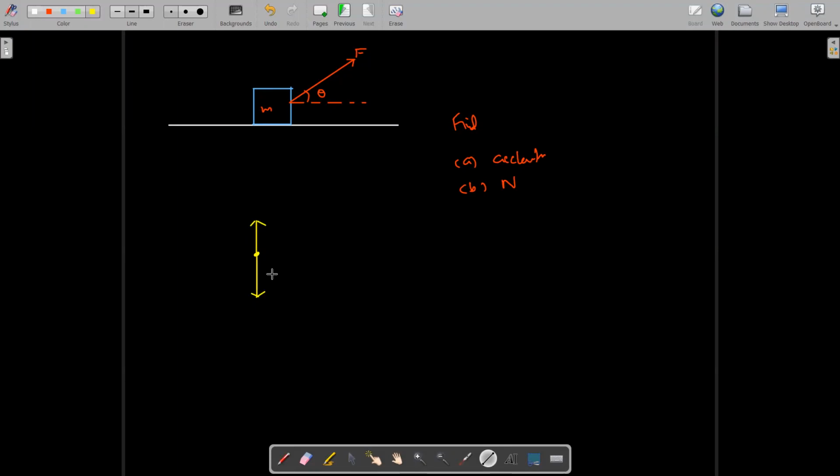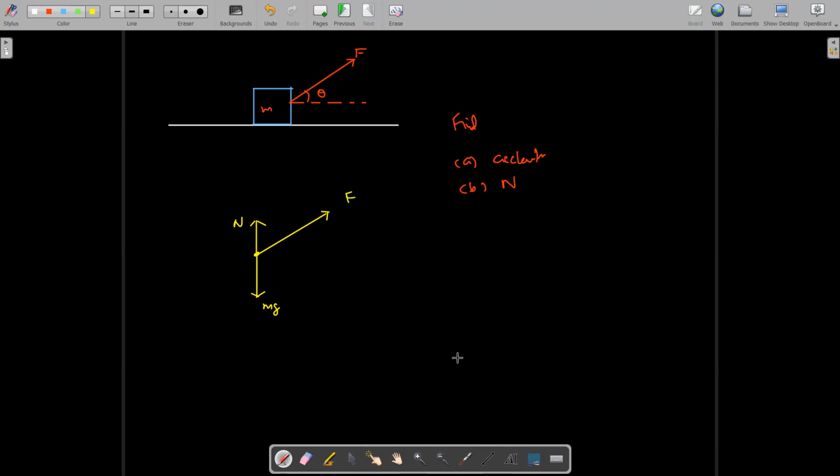Normal reaction is always perpendicular to the surface. Okay. And we have another component, that is the component of force in this direction, right? N here, mg here, and you have F here.